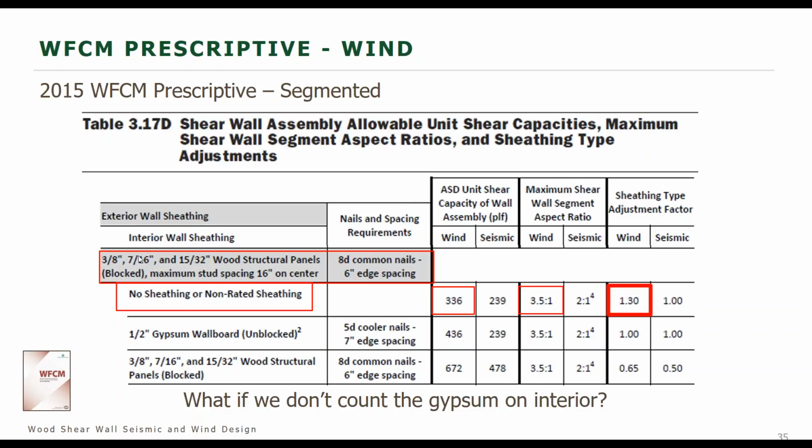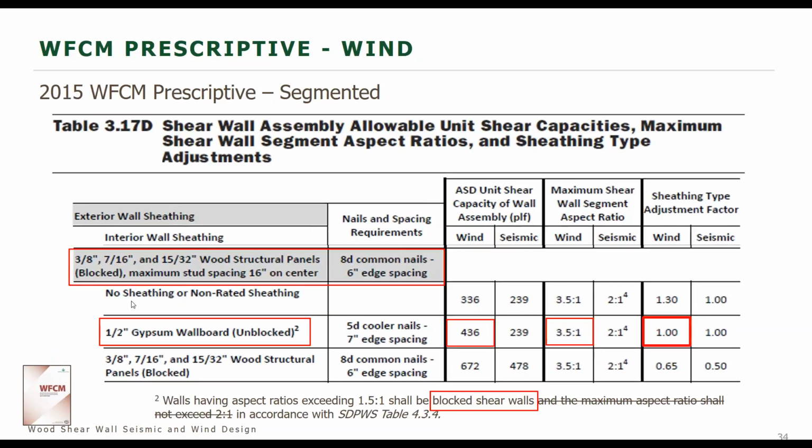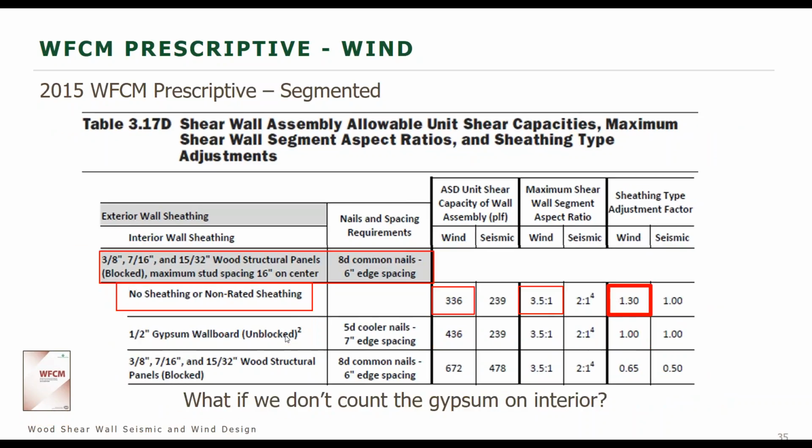So for our wall, we're assuming we have a wood structural panel sheathing, and previously we had used this second row, this 1/2-inch gypsum wallboard, and again, we needed to block it because of our aspect ratio.